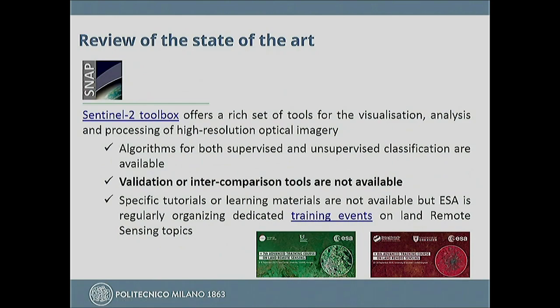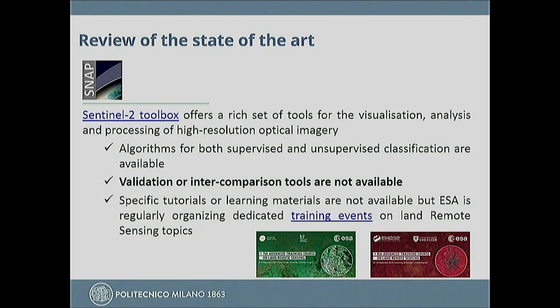Lastly, I want to mention the Sentinel Toolbox that is part of SNAP, this platform made available by the European Space Agency. It is a very good platform for classifying data. So if you want to create your land cover map, unfortunately there is nothing available about validation and intercomparison.